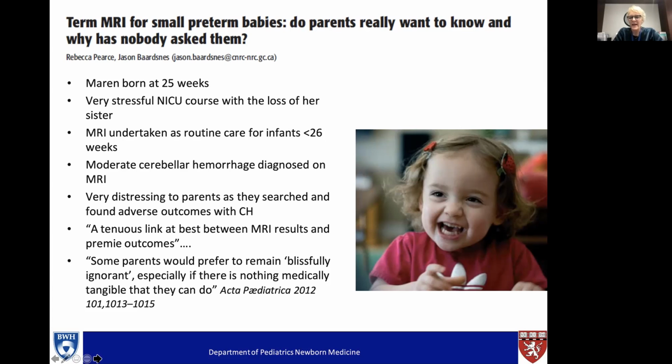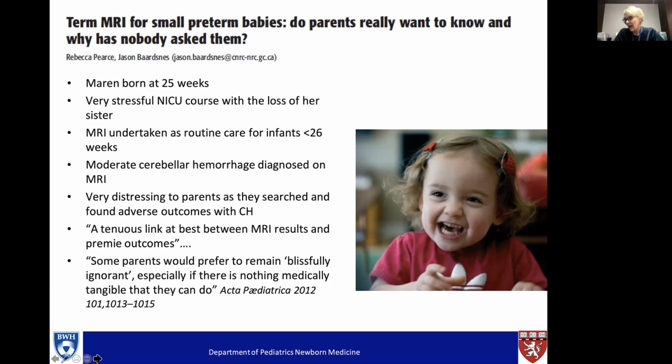In Marin's case, a moderate cerebellar hemorrhage was diagnosed on MRI that had not been seen on cranial ultrasound. And the parents found this very distressing, as the way in which they discovered she was having an MRI was coming in to see her and finding she wasn't in her crib space, without any other explanation of why an MRI would be being ordered.